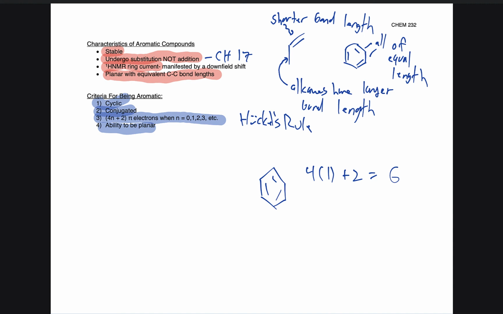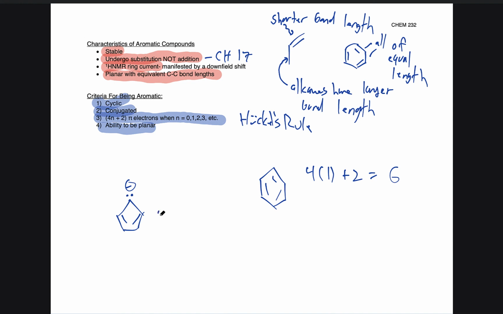But we can have different compounds as well that can also be aromatic. We can have something like this system, for example, where we have a 5-membered ring with a lone pair on that atom.